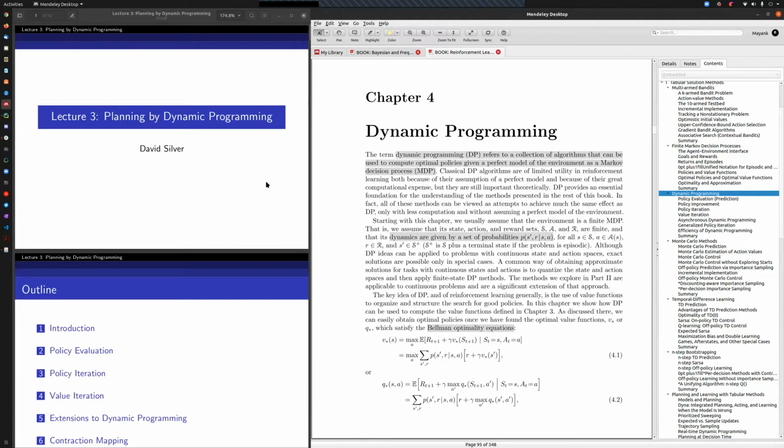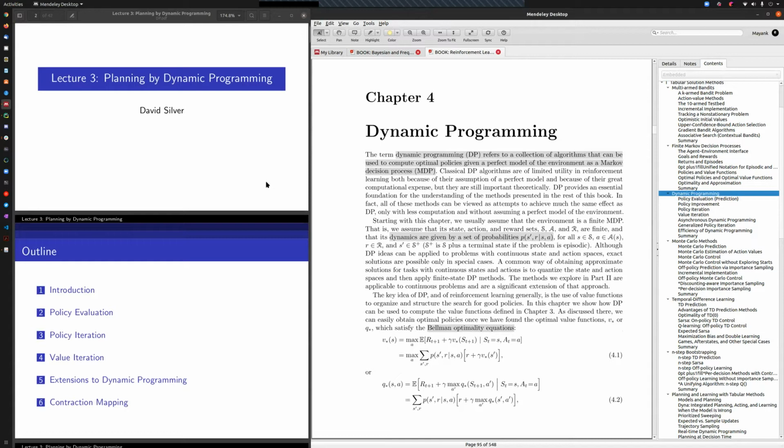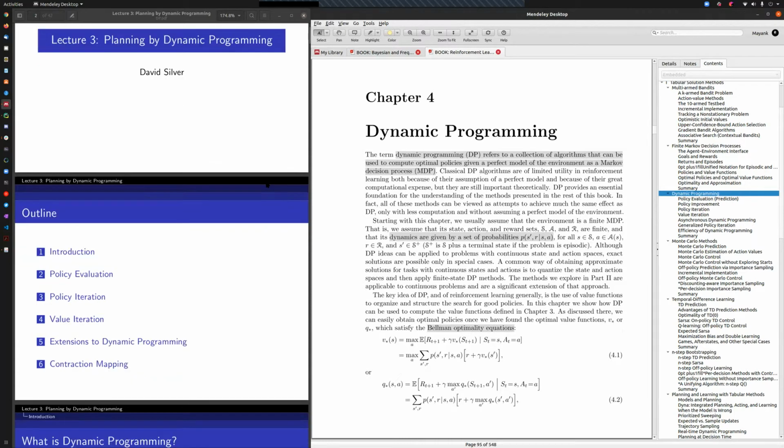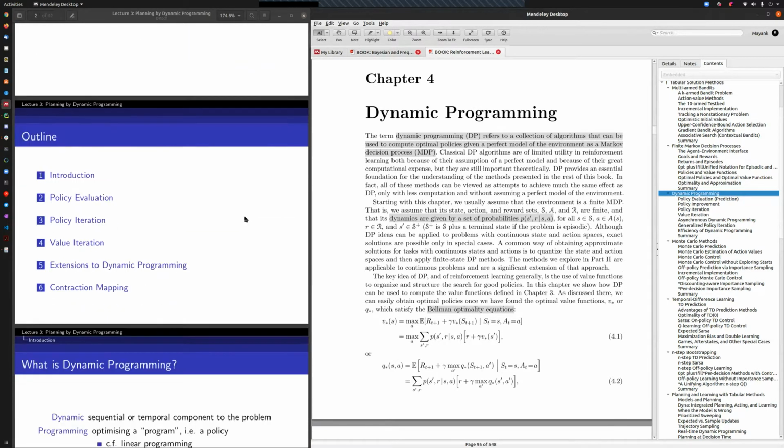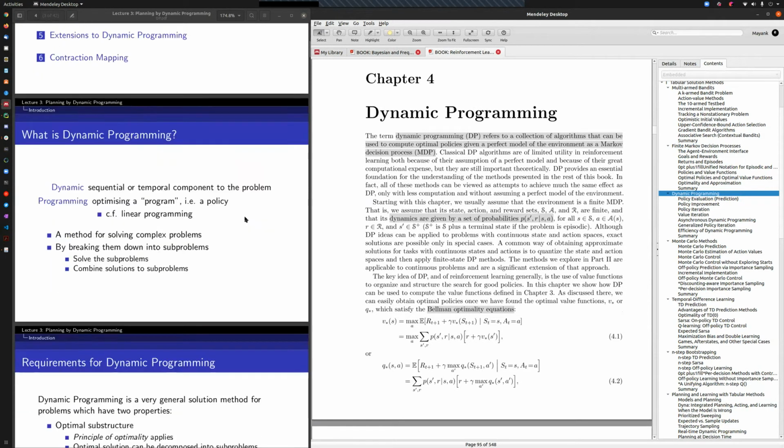Dynamic programming. So I was thinking of going through the slides a bit too, because these are some of the best material that I could find, and this makes a lot of sense. First, let us try to go through what dynamic programming is.